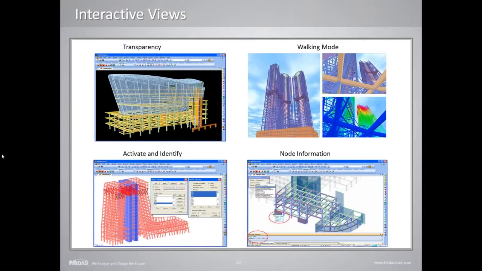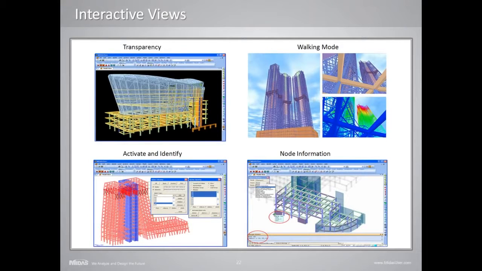Another thing that is easy to use is that midas-gen has different interactive views. As you can see, we have something called transparency, in which if we have a very complex structure in the interior, we can actually see the inside of it from the outside.